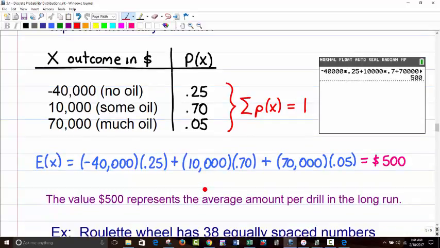But you still might not want to do this, because one thing to keep in mind is how much investment you have, how much bankroll you have, so to speak. This is how you should do in the long run on average. But depending on how much money you have, what if the first 4 or 5 happen to be where you hit no oil and you spend a lot of money there?